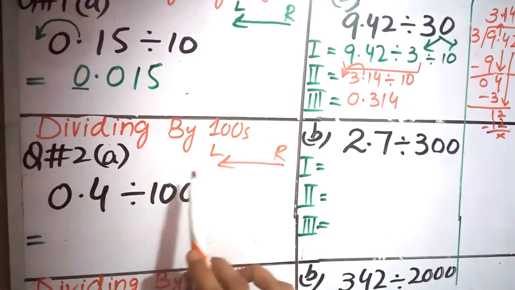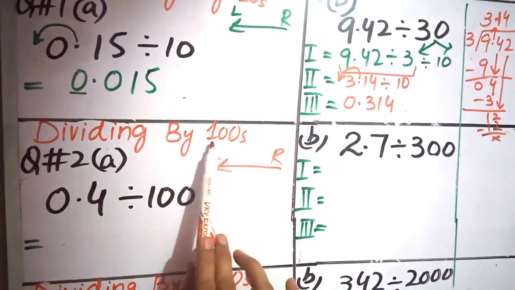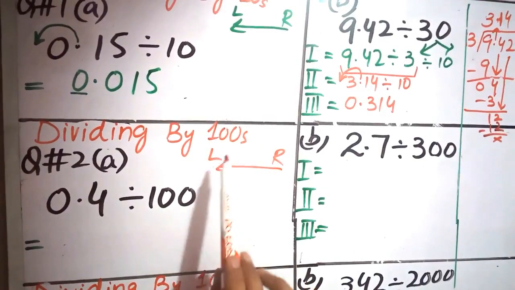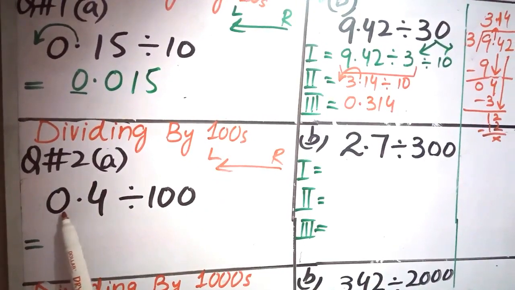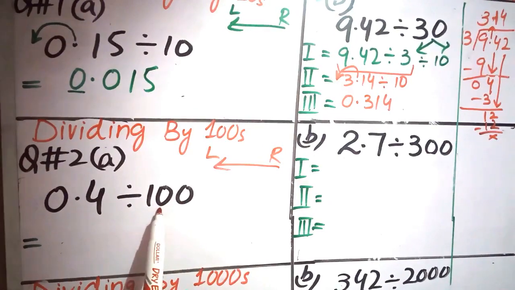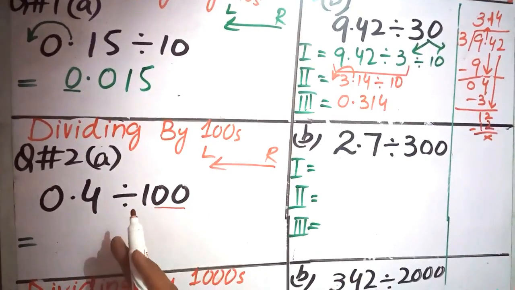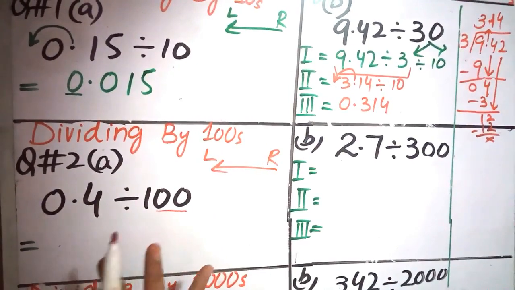Now in question number 2, we will divide the decimal by hundreds. Can you see 0.4 divided by 100? We have 2 zeros, which means we have to shift the point towards the left 2 times.